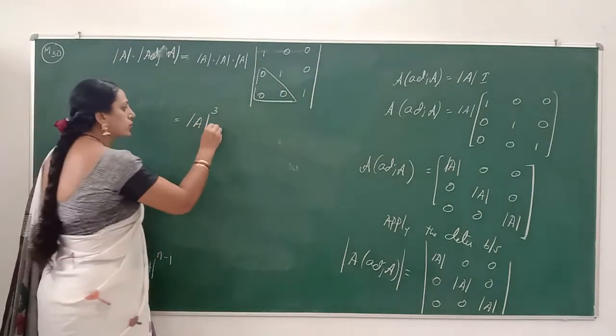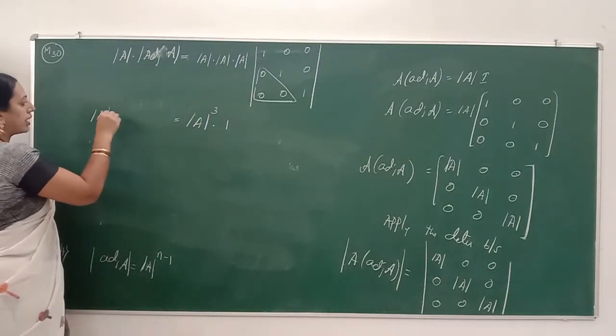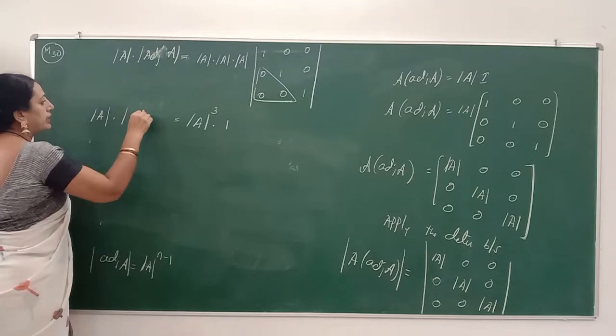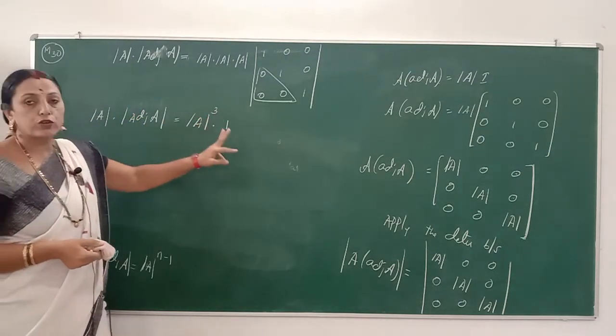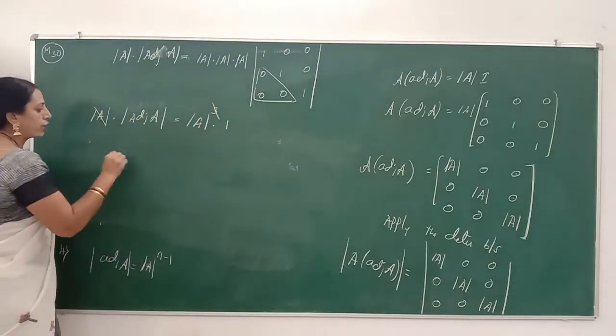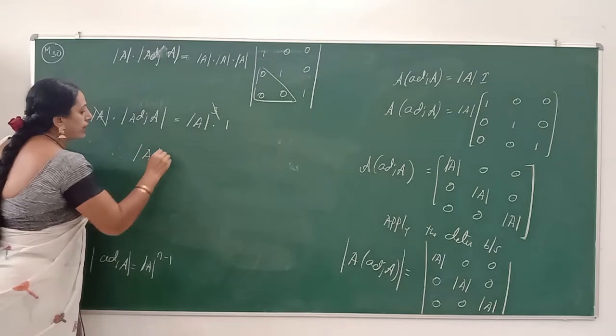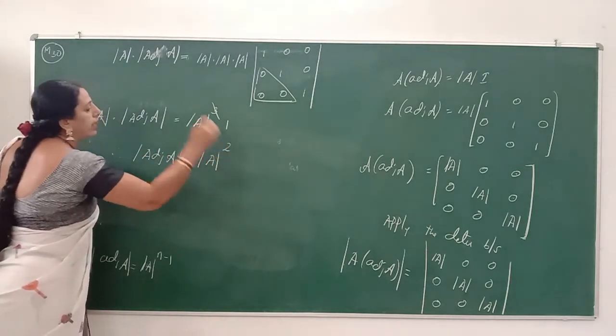So what are the principal diagonal elements? 1 into 1 into 1. Therefore, the LHS, determinant of A into determinant of adjoint of A, is equal to determinant of A whole cube into 1. After that, one of the terms gets cancelled. Therefore, determinant of adjoint of A is equal to determinant of A whole power of 2.